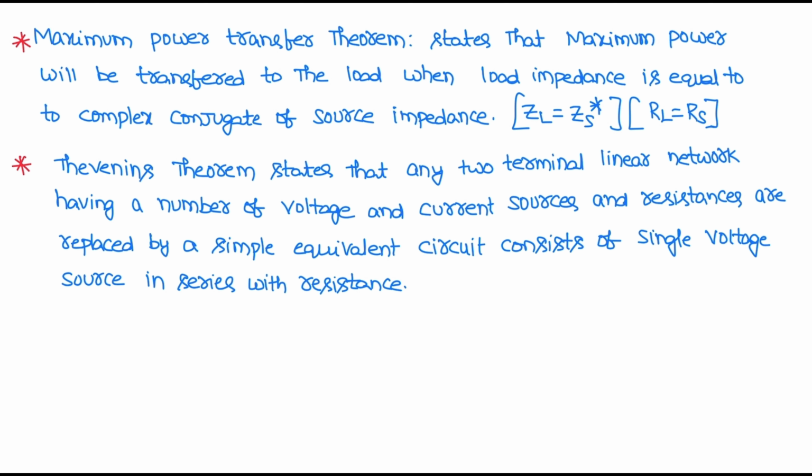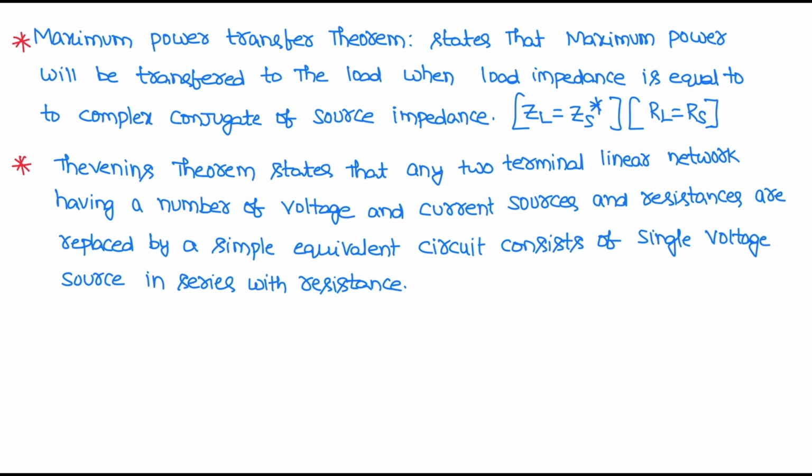Next is Thevenin's theorem. So this Thevenin's theorem states that any two-terminal linear bilateral network having a number of voltage and current sources and resistances can be replaced by a simple equivalent circuit consisting of a single voltage source with series resistance.